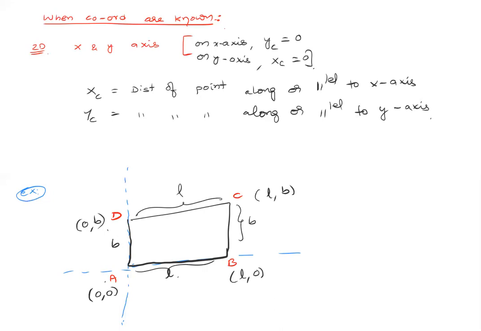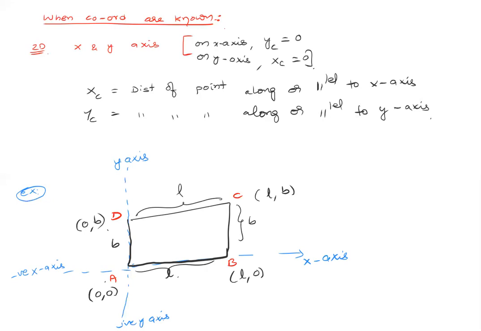So if a point is on the y-axis, this is your x-axis, this is your y-axis, this is your negative x-axis, this is your negative y-axis. This is how you get the coordinates.